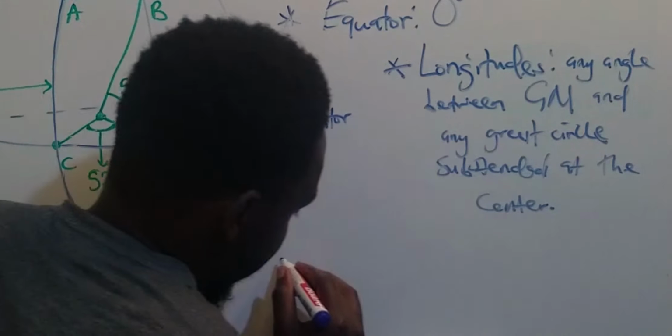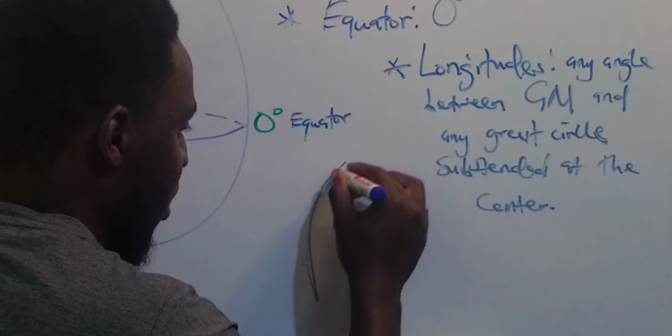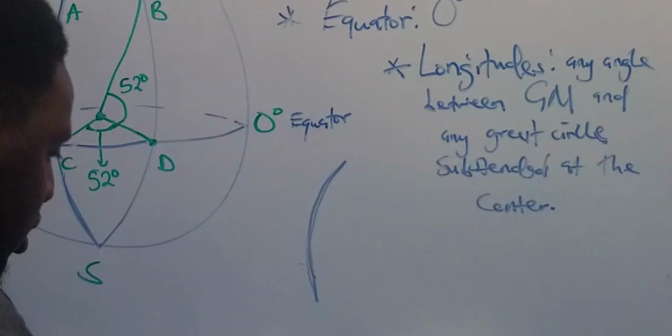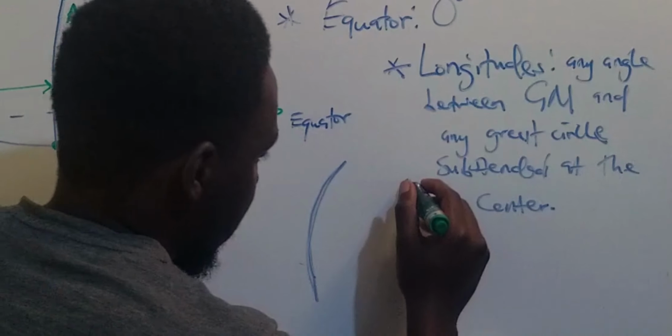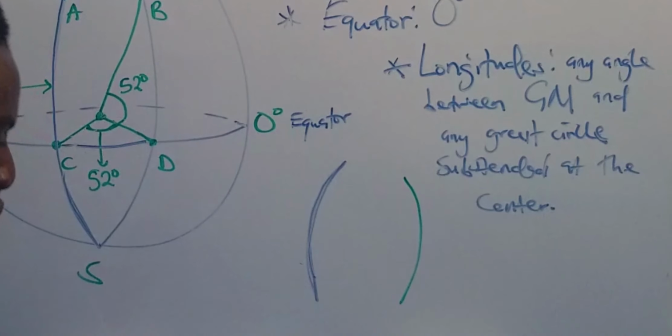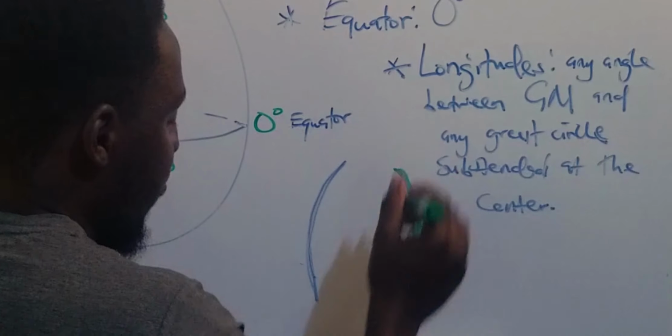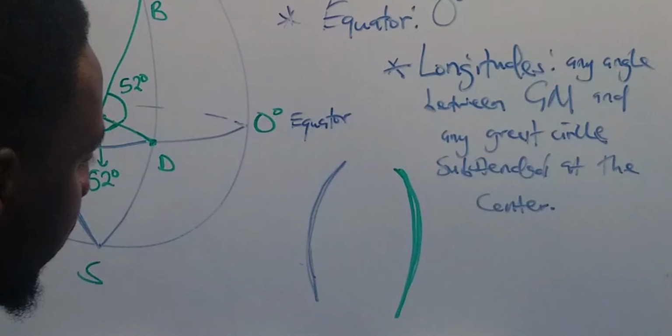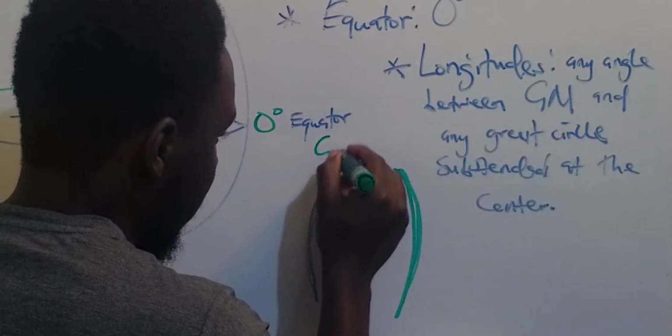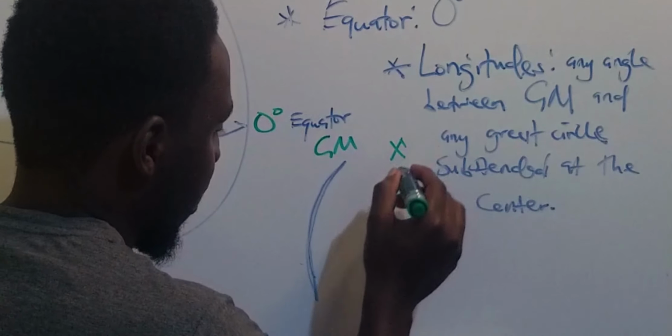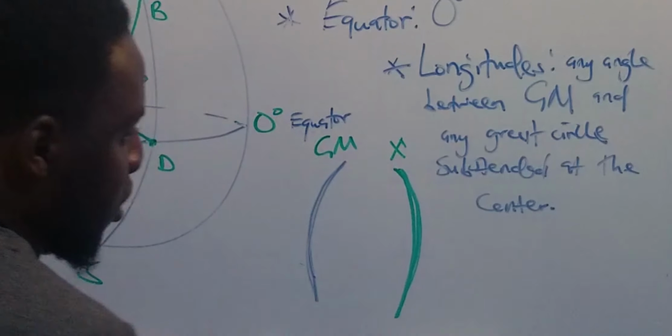Suppose this is my Greenwich meridian, and this one is my longitude. This longitude will have a degree of that angle that will be between this Greenwich meridian and the longitude itself, which I'll put as x.